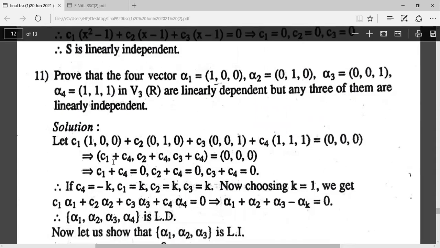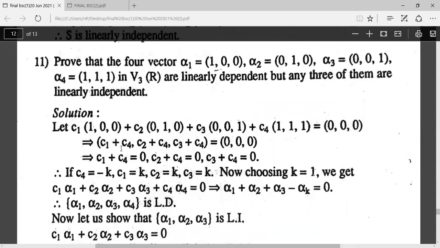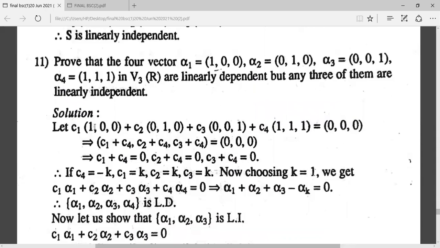Next, you will get 3 equations. What are the 3 equations? If we evaluate the corresponding components, add the first components, you will get C1 plus C4. Next, second component addition is C2 plus C4.